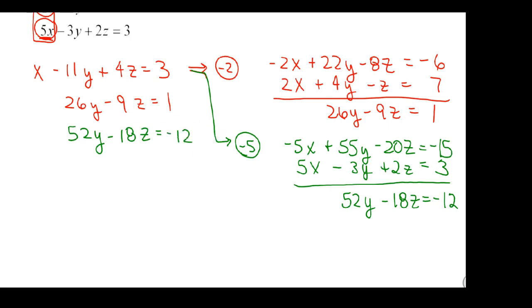So I have a coefficient of 1 on the x. I have no x's under it, no x's under it. Now I move over to column 2. And in column 2, I want to change my 26y to a 1y and my 52y to a 0y.